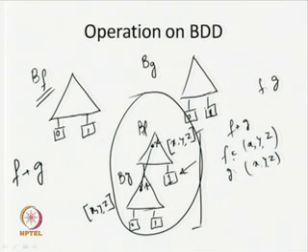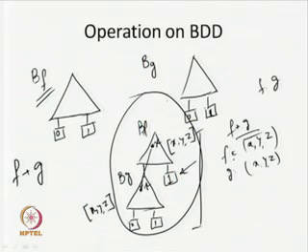That means, if we simply construct the BDD for f plus g by putting the BDD bg with bf, then we are not going to get an ordered BDD. That means the resultant BDD is not an ordered BDD. So, we simply cannot use this operation that we use for BDD.